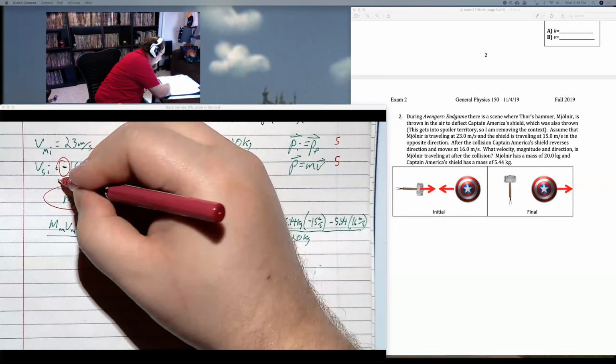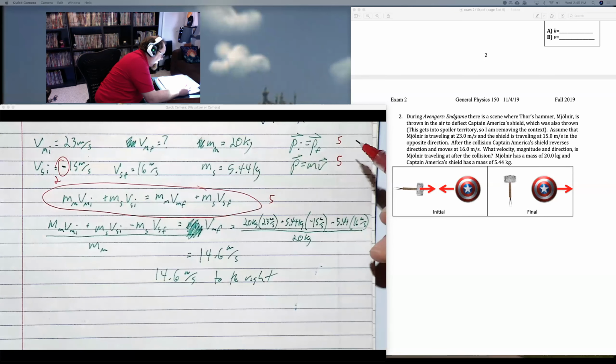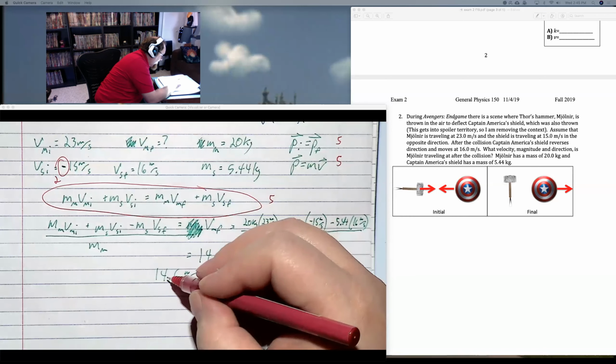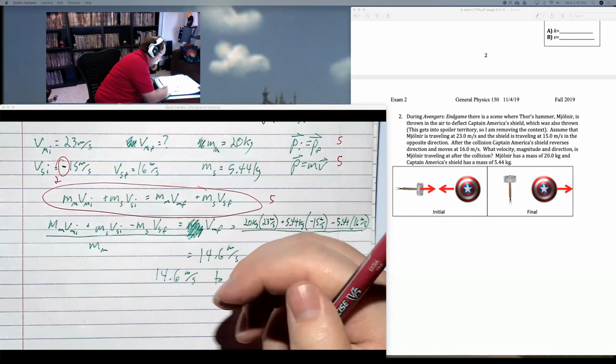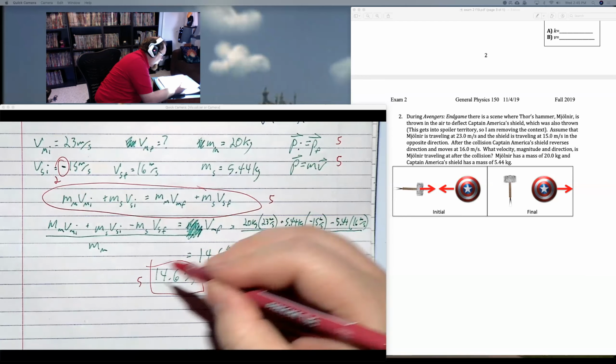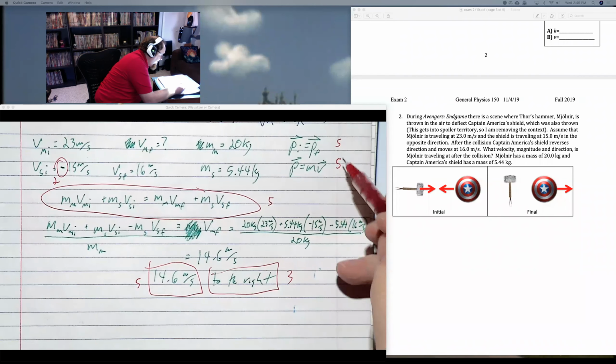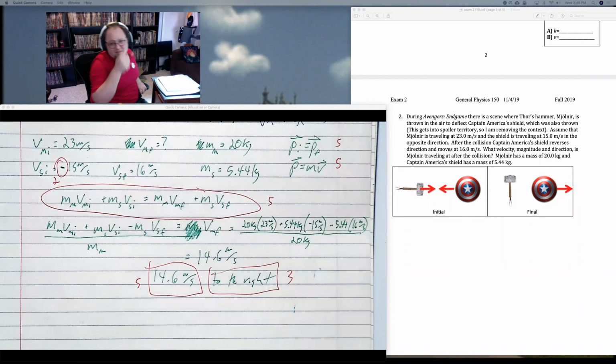This negative sign is probably either 2 or 3, then 5, 10, 15, 16, 17. Maybe 5 for the answer, and then 3 for the direction. That would be my guess. As I said, I don't have my grading rubric on me.